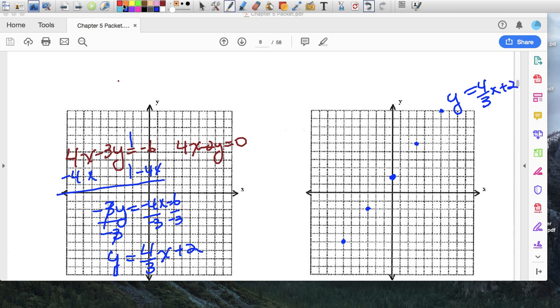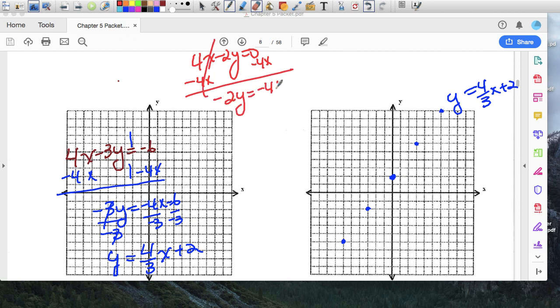So let me do my other one, which is 4x minus 2y equals 0. Let me erase this. I am again doing minus 4x on this side, minus 4x on that side. This goes out, I get negative 2y equals negative 4x, and I will write the 0. Then I'm going to divide this by negative 2, divide this by negative 2, and divide this by negative 2.